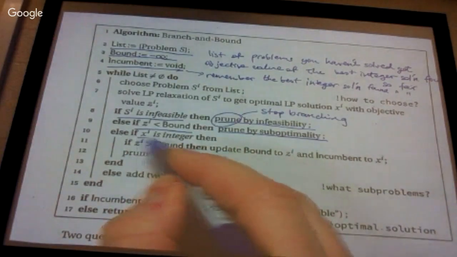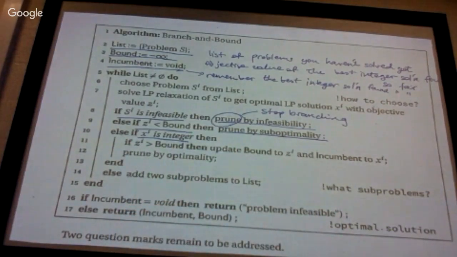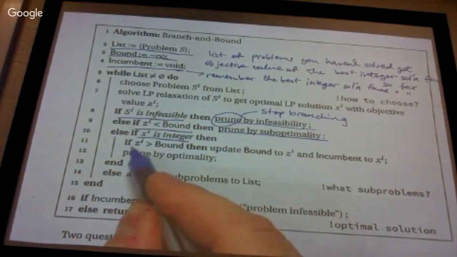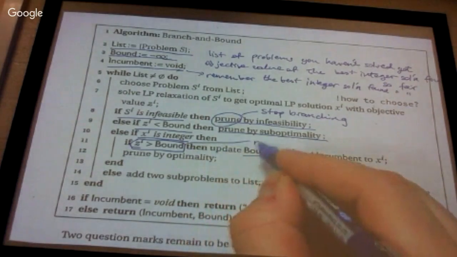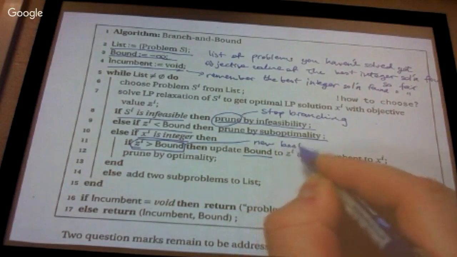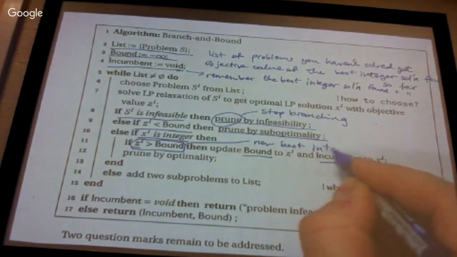Now, if you find an integer solution, then what you need to do is compare it to the best you know so far. If you found a better one than the one you know to date, that gives you the new best integer solution found so far.